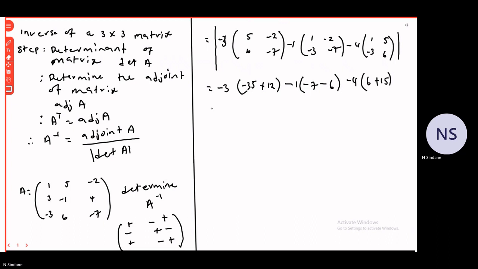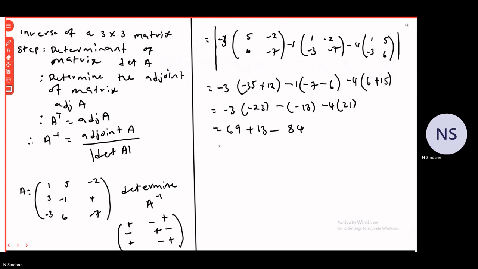And then I have minus 3 into minus 23, then minus into minus 18, and then minus 4 into 21. Here I'm going to have positive 69, then plus 13, minus 84.